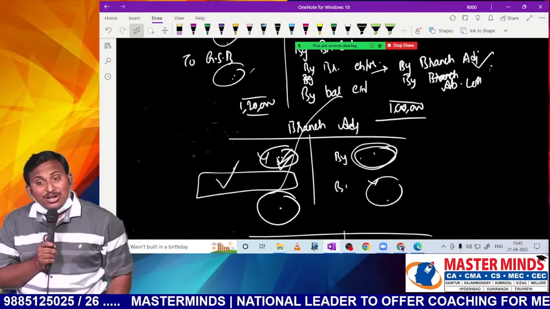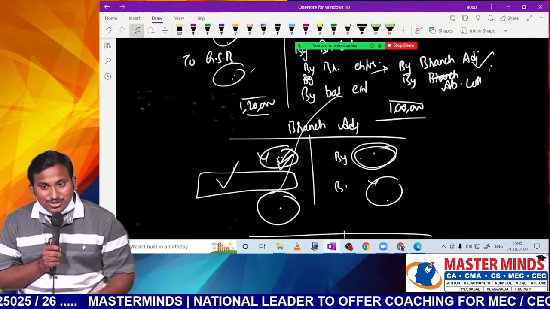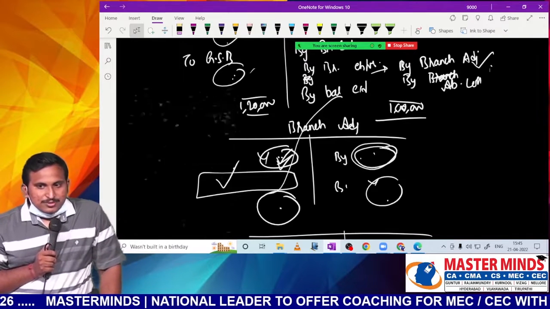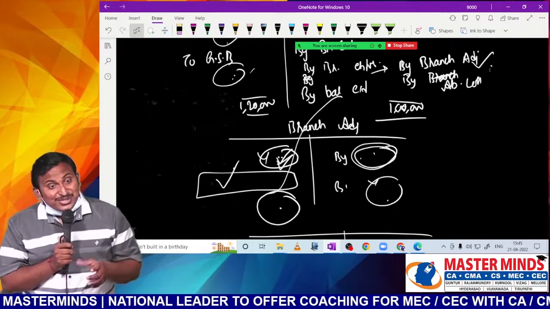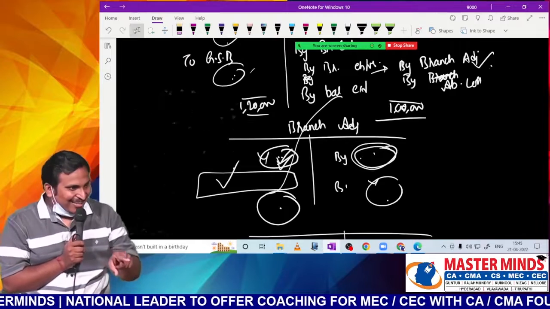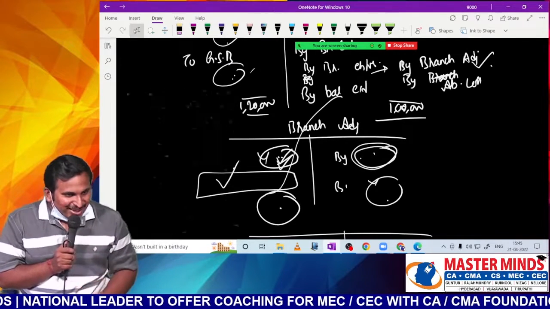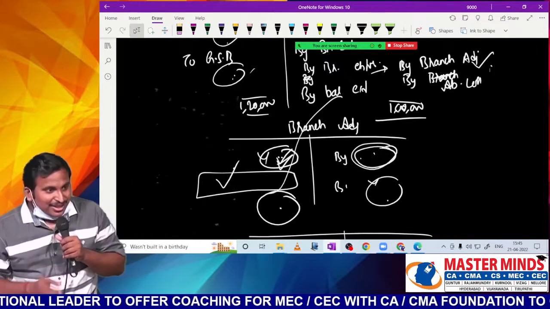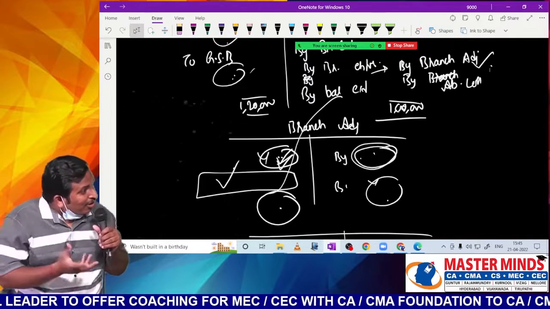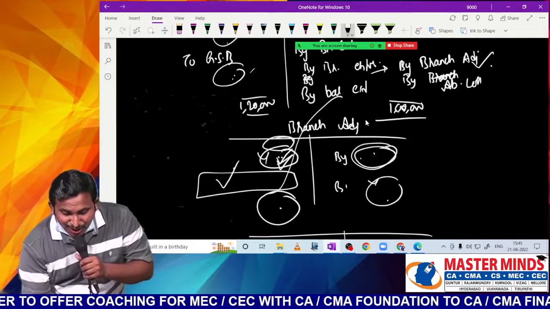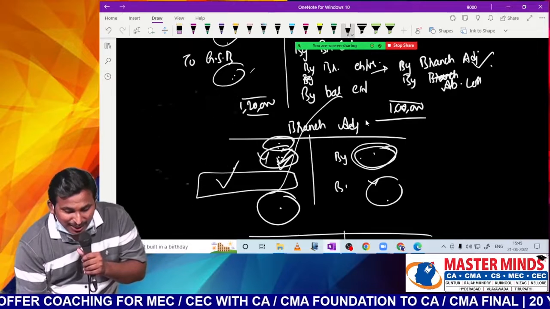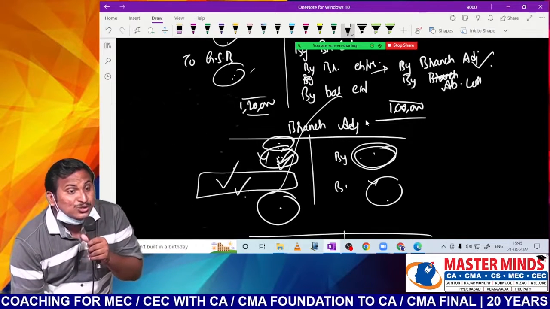Suppose it is normal loss. How do you record it in the branch stock account? Normal loss means where it should be recorded? Trading only. We will not record it in P&L. But whether it is normal units lost or abnormal units lost, for any units lost, profits should be reduced. Then only I'll get profits relating to the units sold.